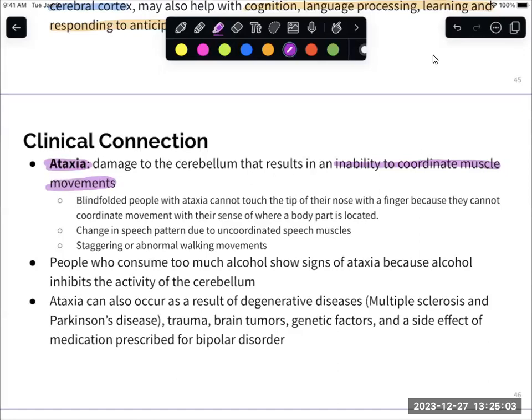People with damage to their cerebellum or too much alcohol that's inhibiting their cerebellum can't do that. But ataxia can also result from other things like multiple sclerosis and Parkinson's disease, trauma, brain tumors, genetics, or even medications. There are certain medications that can actually inhibit that cerebellar function as well.